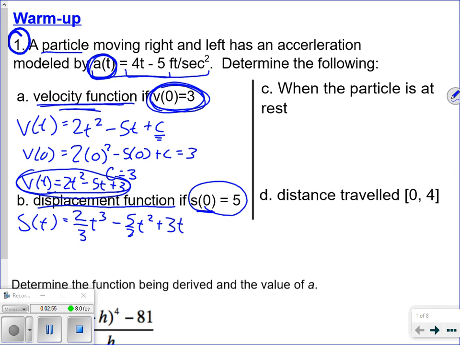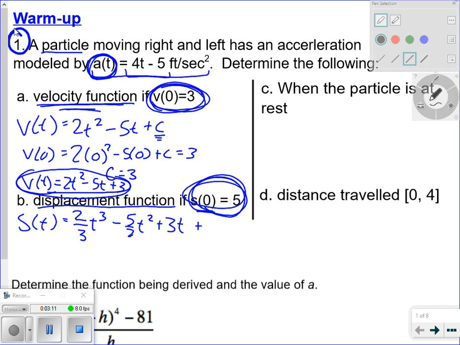And then I have the plus c. But if I plug in 0 for t, just like in part A, everything cancels, so it equals 5. So in this case, c actually equals 5. Plugging 0 in, setting it equal to 5, makes c have to be 5.